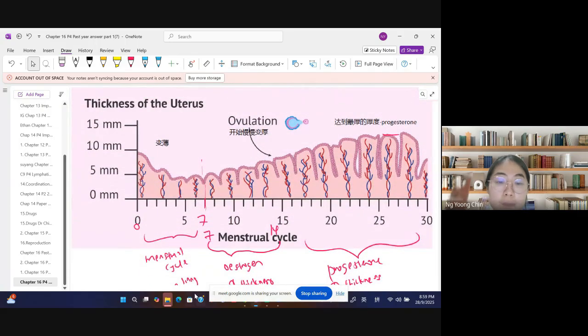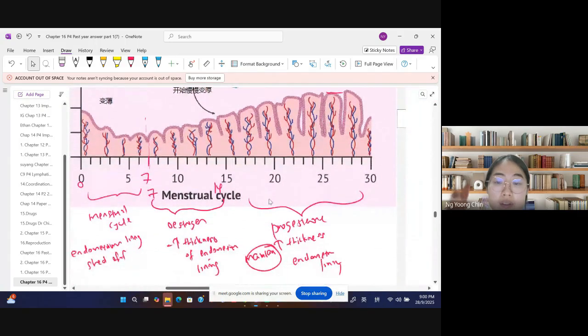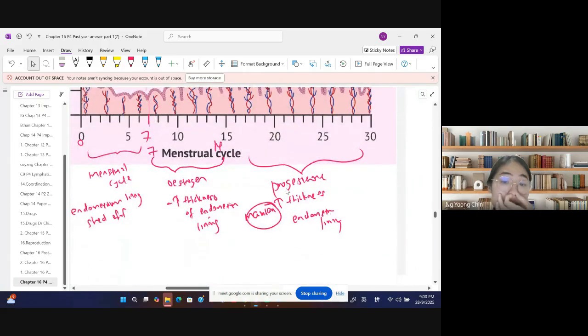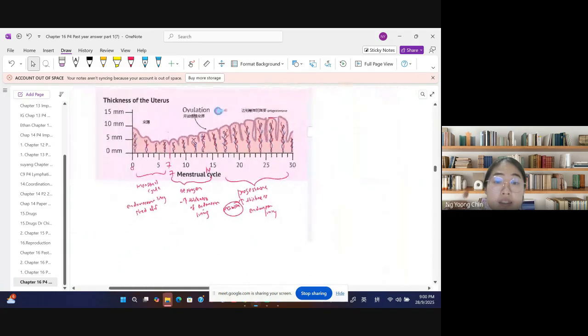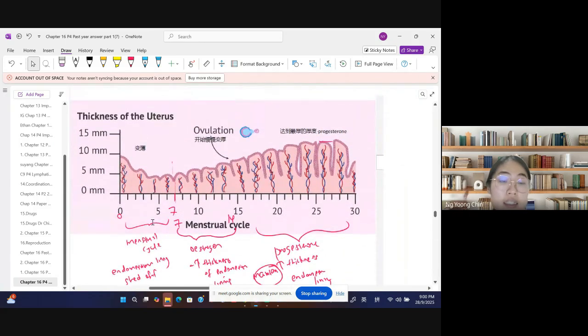So between day 21 and 28 here will be the progesterone. And then between day 7 and 14 will be the estrogen. Estrogen helps to promote the thickness of the uterine lining. And then in the first 7 days, it will be menstruation, so you are shedding off the lining.